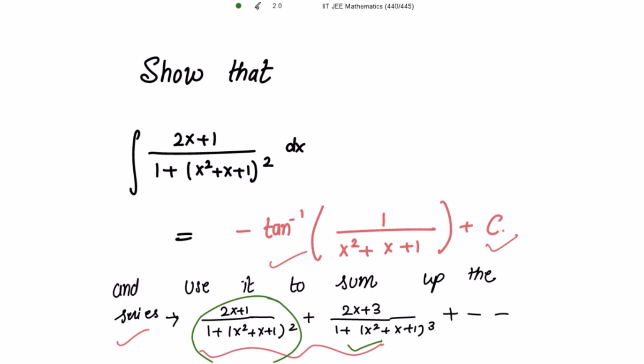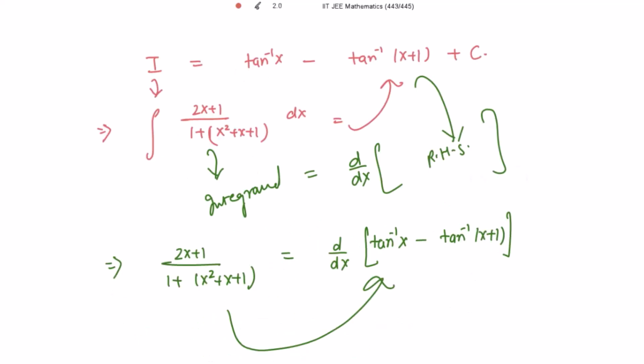For the other values, we need to substitute. Sorry, here it is square, right? Here it is square. Now to get the second term, we just need to replace this x with x plus 1 on both the sides. Fine. So replacing x by x plus 1, and then x by x plus 2, and then x plus 3, and so on up to 2x minus 1.